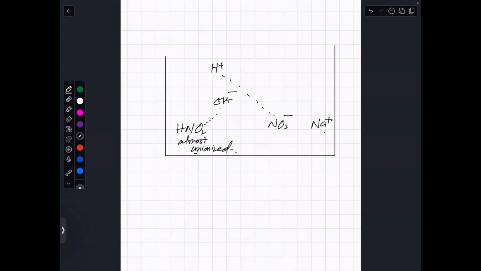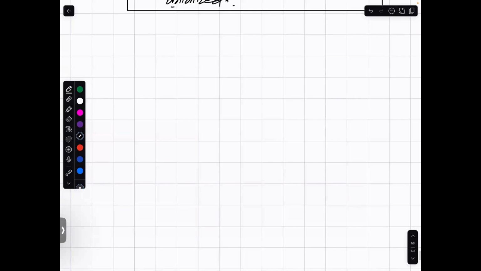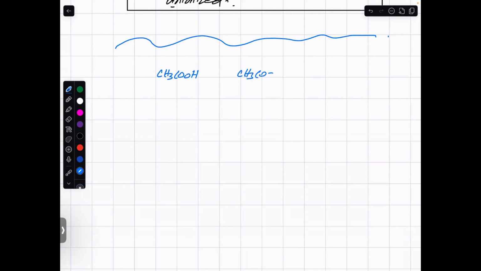So now what you will do, if they ask you in the paper this way, like in the paper they will ask the question this way, that you have ethanoic acid and sodium ethanoate. Write down two equations that show how it acts as a buffer. So what is your first step? You must know that this is your weak acid. This is your salt. The Na plus is spectator.